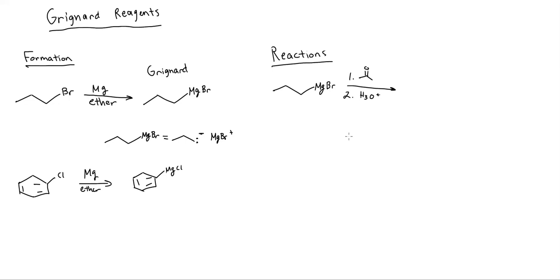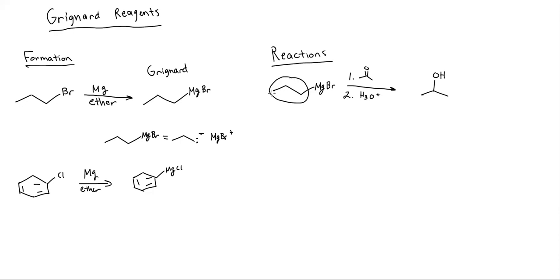So again, in that very last video on the reactions of chapter 9, we said that whenever we add a terminal acetylide to a carbonyl group, we turn the carbonyl group into an alcohol, and then we just add whatever our acetylide was. Well, in this case, we do the same thing. I'm going to turn the carbonyl group into an alcohol, and then add whatever my Grignard is.